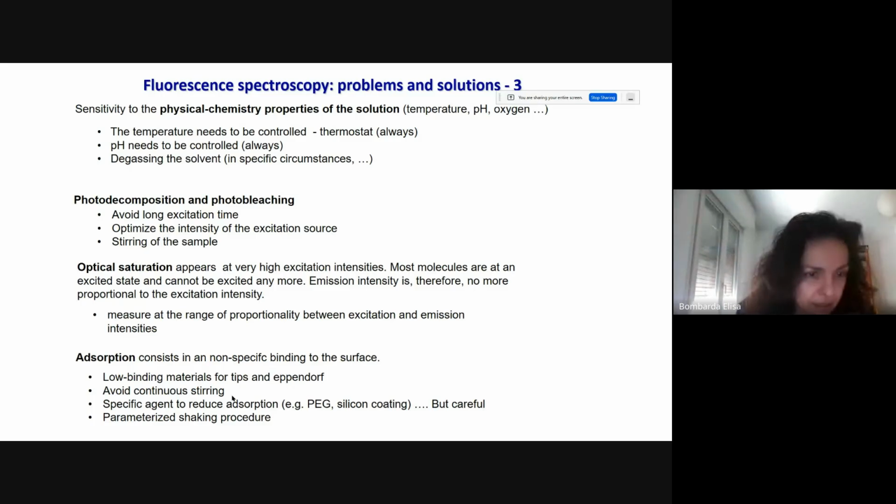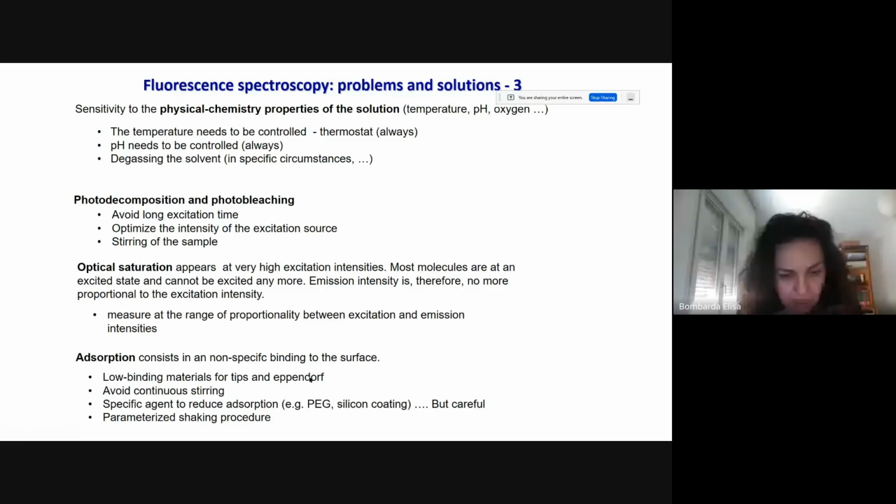Then another phenomenon that can happen is adsorption, which consists of non-specific binding to the surface. Some molecules like to be adsorbed to the wall of the cuvette. When I was younger, I was working with a protein which unfortunately was doing this.